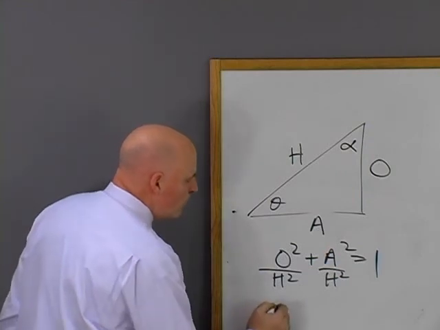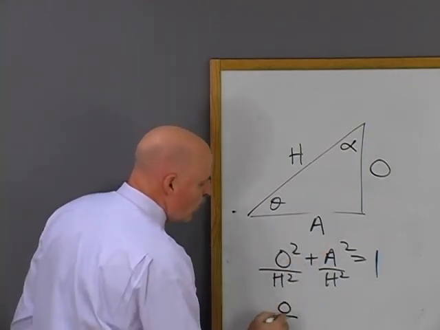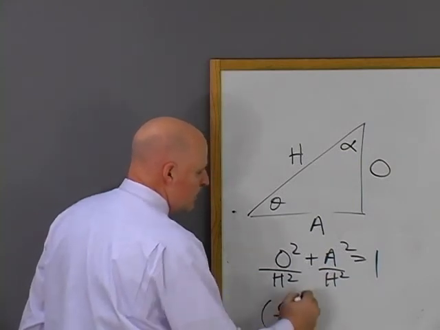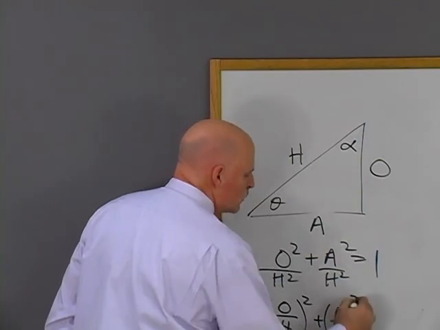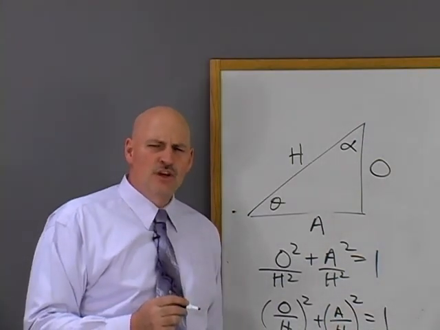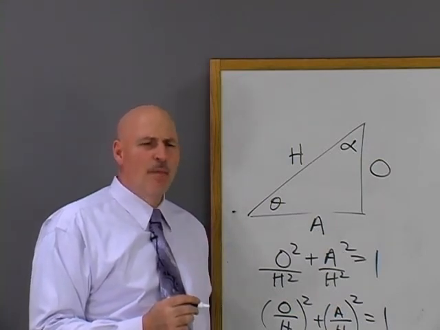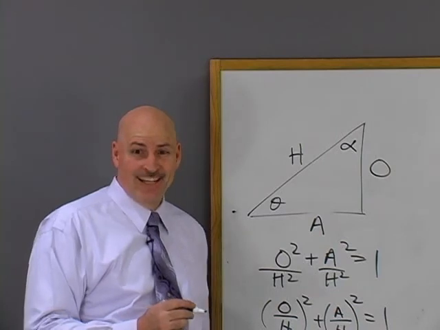What do we know about squares? Well, o squared over h squared is the same as o over h, the whole thing squared, plus a over h, the whole thing squared, equals 1. Do you know any ratios? What do you know is the same as the opposite over the hypotenuse? Remember?